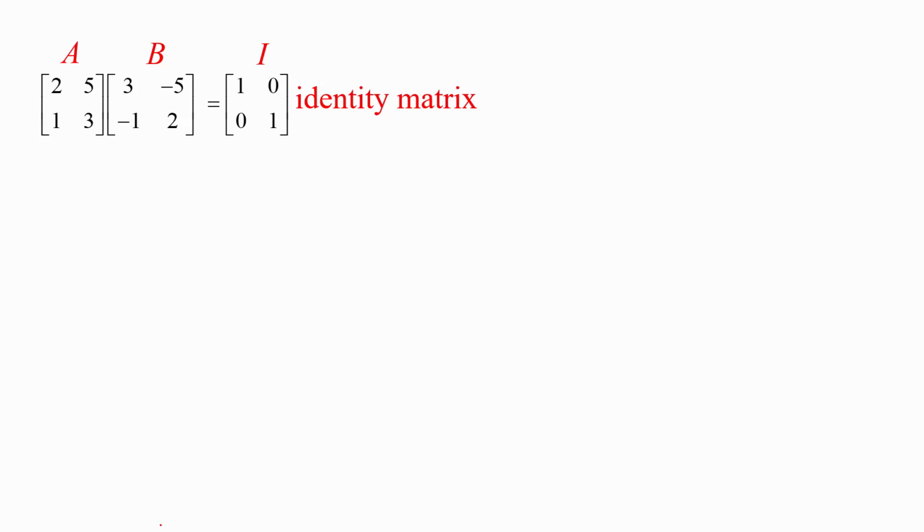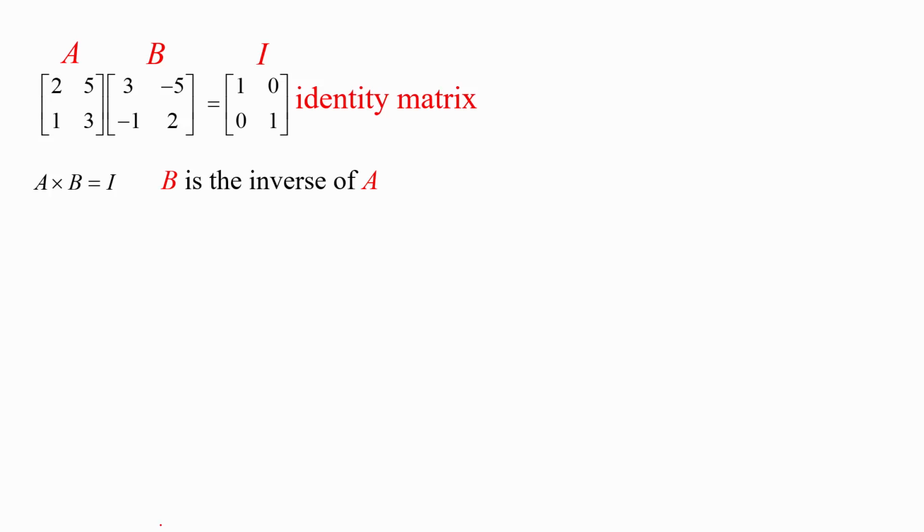That is called the identity matrix, and it will be useful when we're working out the solution to our simultaneous equations. So we can write that the matrix product, A times B, for these two matrices is equal to I, the identity matrix. Because of that property, we say that B is the inverse of A.